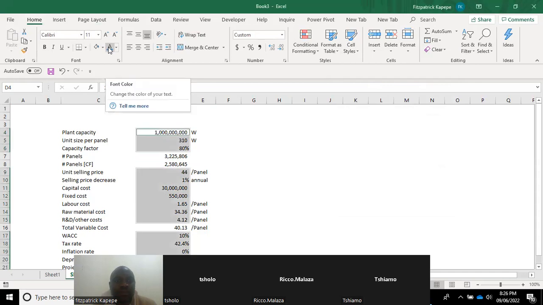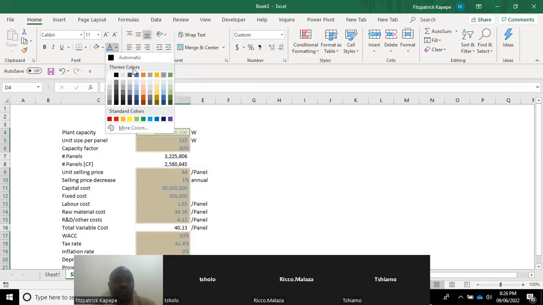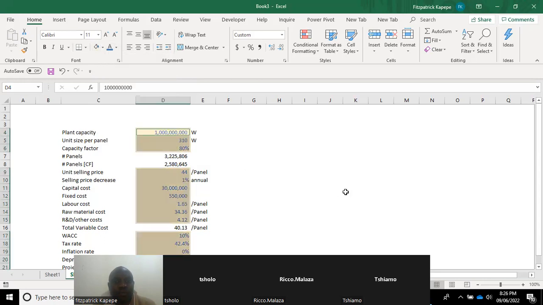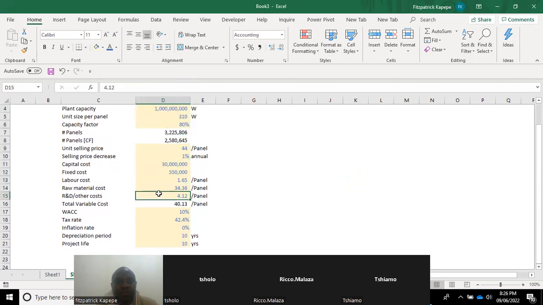We normally use this color, so that it's easier for me to know which ones have been hard-coded and which ones are formulas. Those in black are formulas. Those in blue are hard-coded. They are real assumptions.